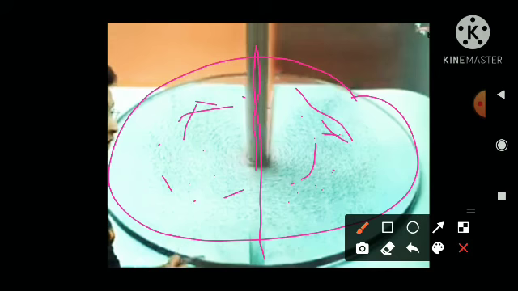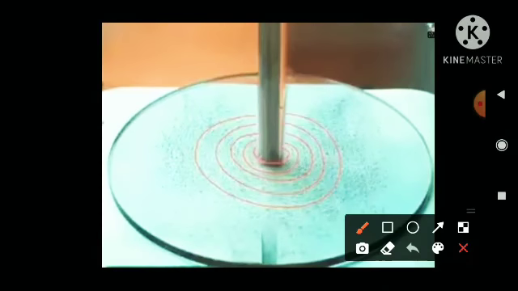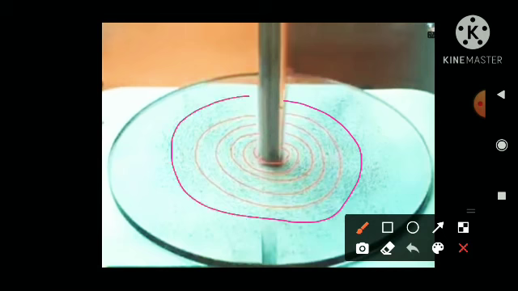So what happens after some time, when the circuit is on, when the current flows through that wire conductor, the iron filings on the glass look like this. They look like a magnetic field. Yes, they are forming concentric circles.